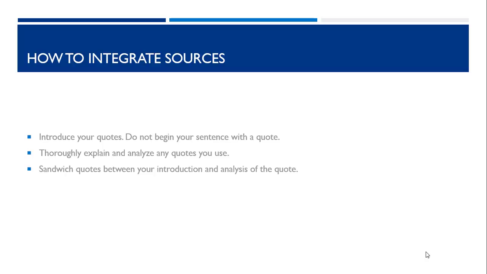You want your paragraphs to be predominantly your own. The crux of your argument propped up by your own words with your quotes helping to prop that up, but not being the entirety of your point in your analysis.